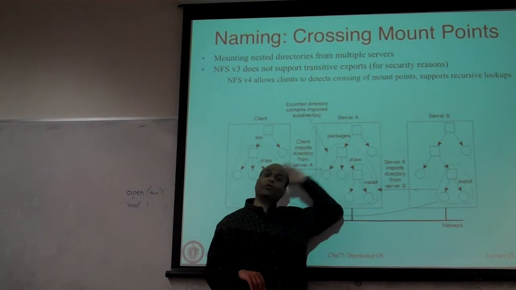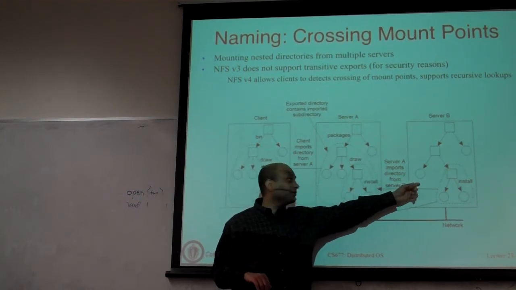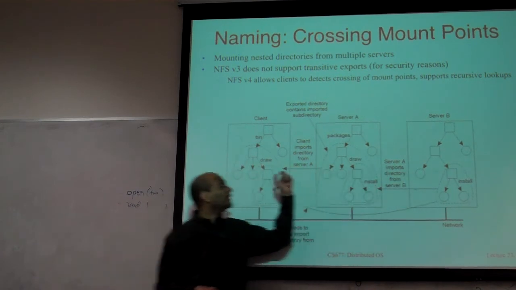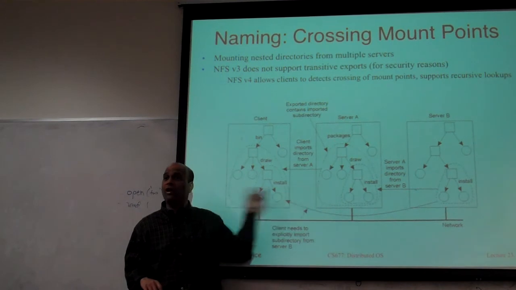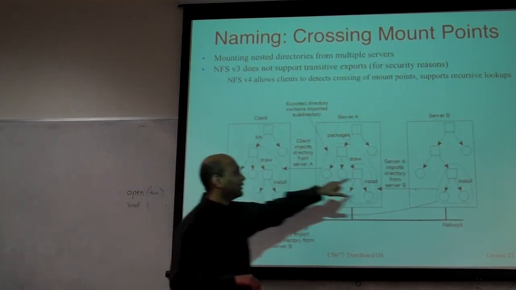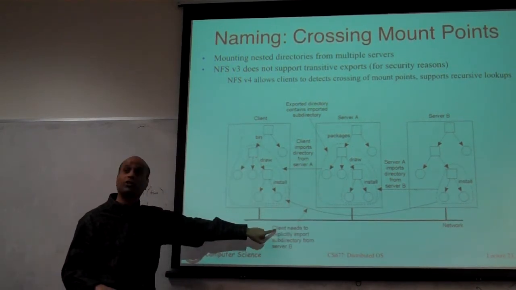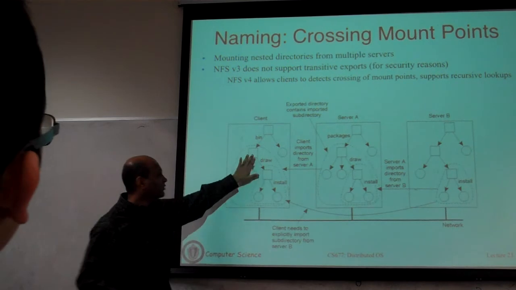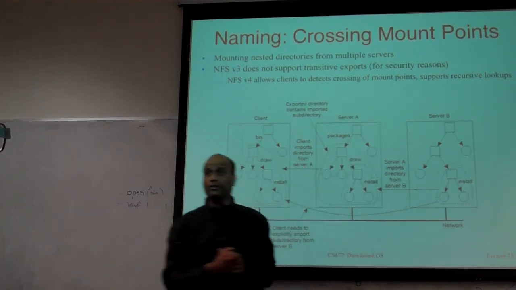If server A then goes and exports some other files, this client doesn't get access to server B's files because server B has to explicitly export them to this client, not transitively export them via another server. Okay. So if the client actually wants to access these files, it has to actually set up a separate mount. That is what is shown here. Okay. So it is going to mount these files from server A and these other files from server B.